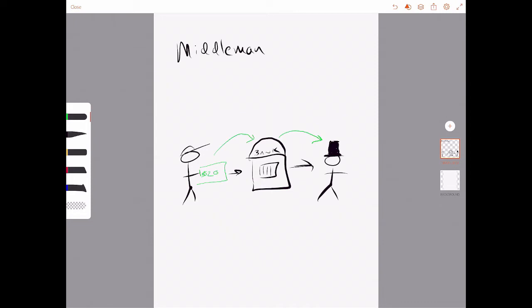You put your money in a bank. Now the bank pays you an interest rate. And the bank takes your money and lends it to this guy in the top hat. Now this guy in the top hat pays the bank an interest rate to borrow the money.